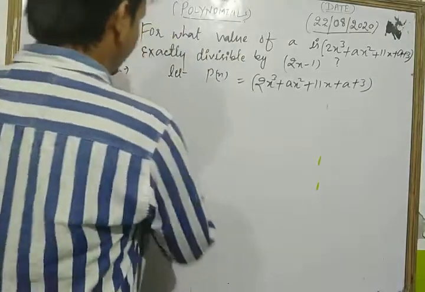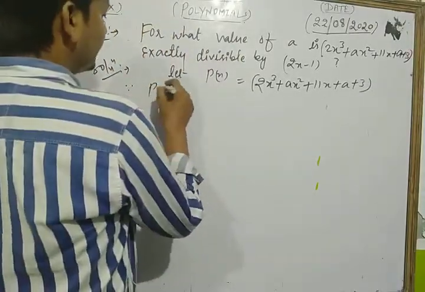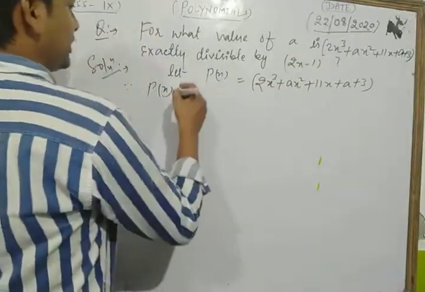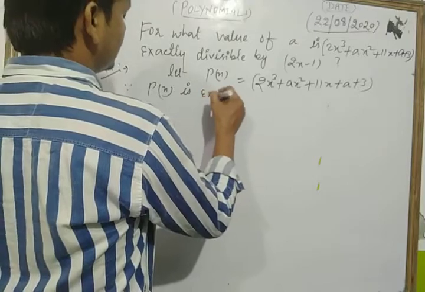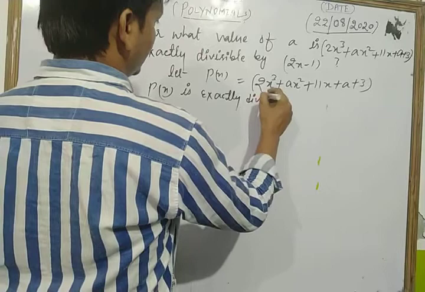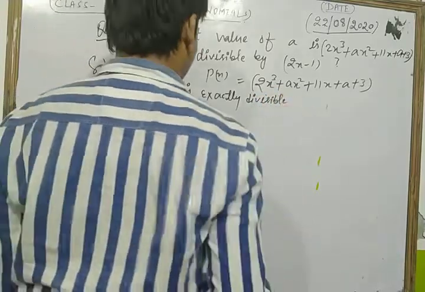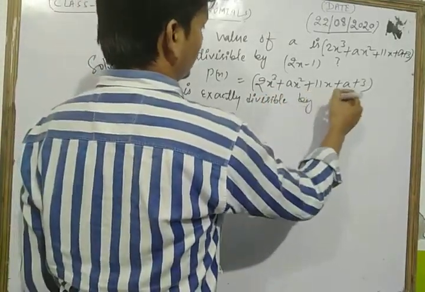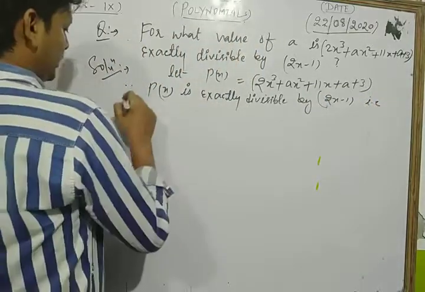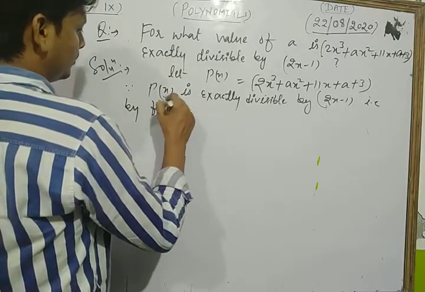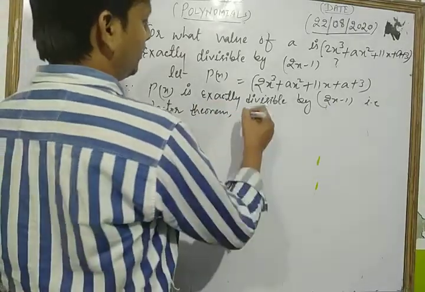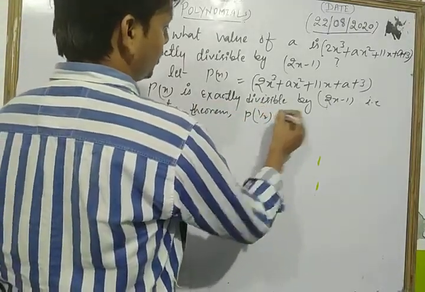Okay, now according to the question, since p of x is exactly divisible by 2x minus 1, by factor theorem, p of 1 by 2 must be equal to 0.